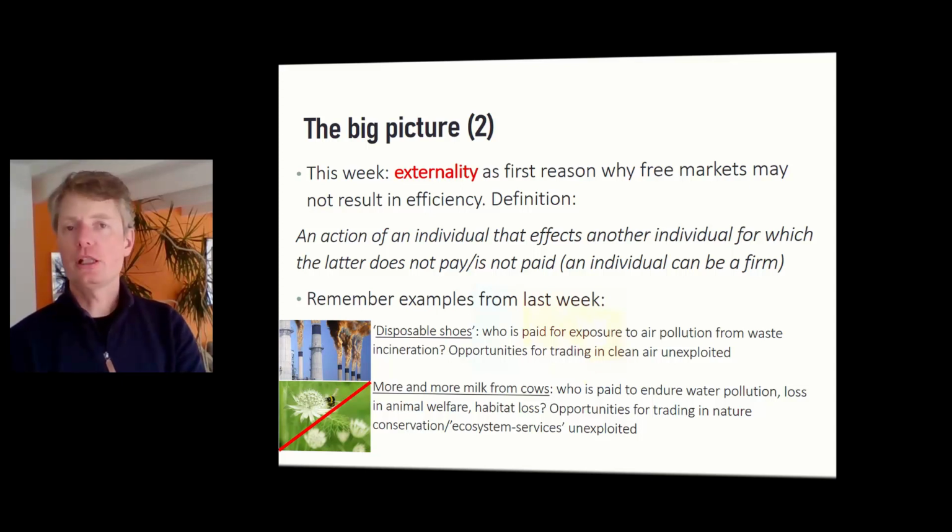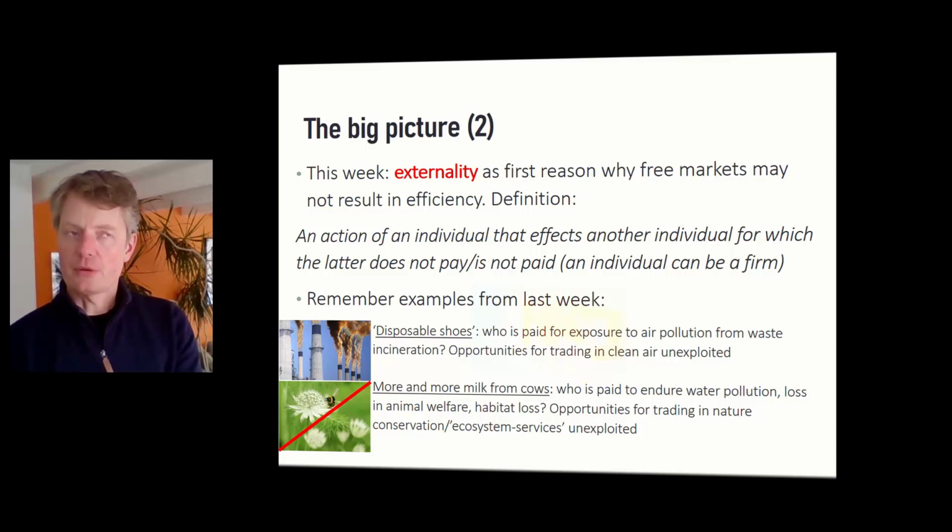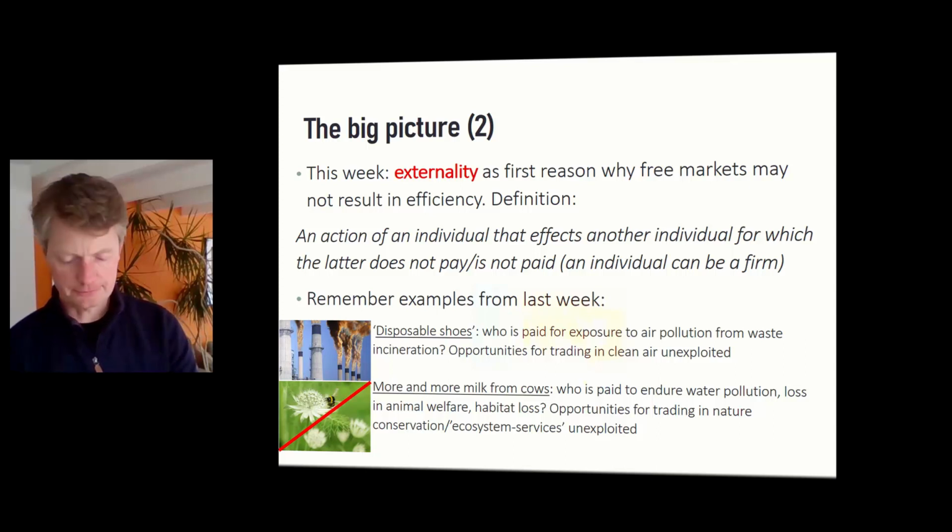They want to see a frog in a lake, and so they have a certain willingness to pay, right? Together they could make a deal with, in this case, farmers to limit their pollution, and the farmer will be happy to limit the pollution because he is getting paid for doing so, right?